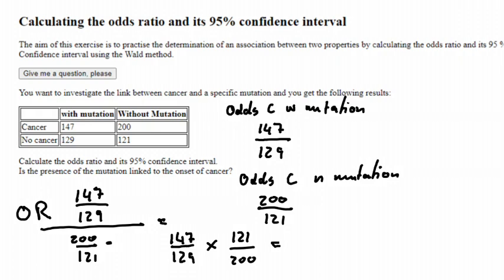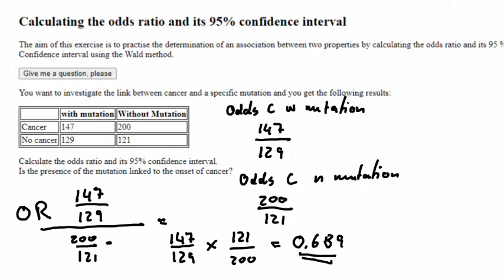And if we do this, we get something along the line of 0.689. So that's our odds ratio. And we see the odds ratio is smaller than 1, and this should make us think later on, what does this actually mean?